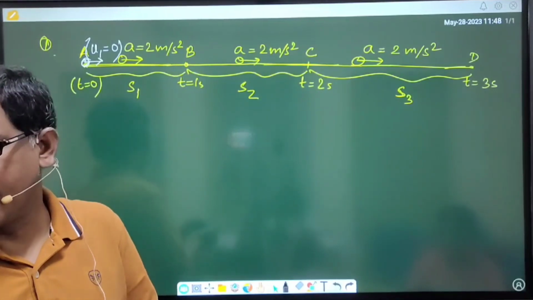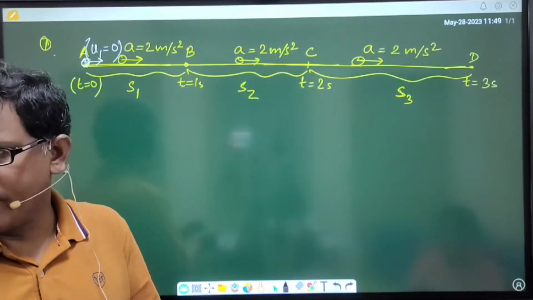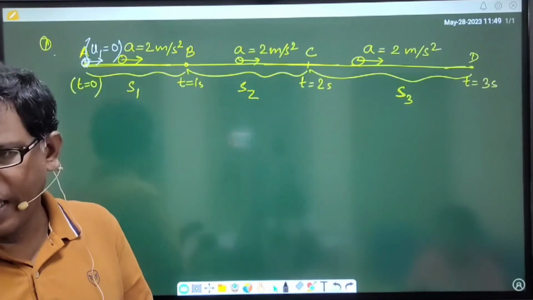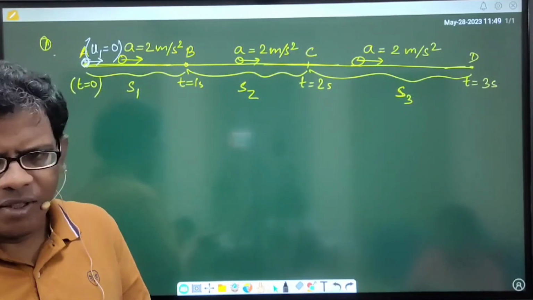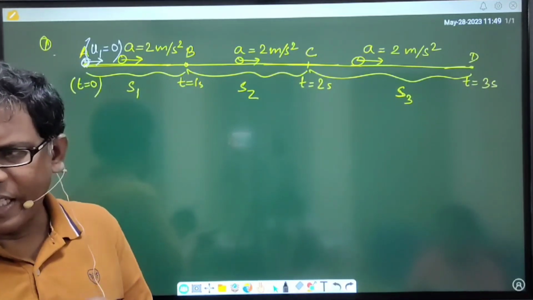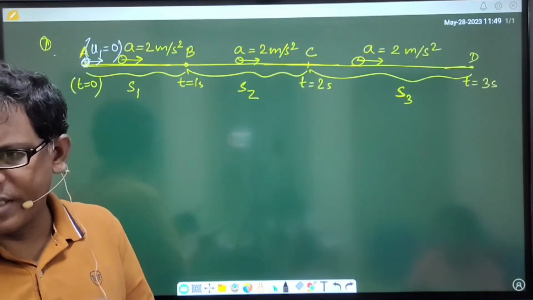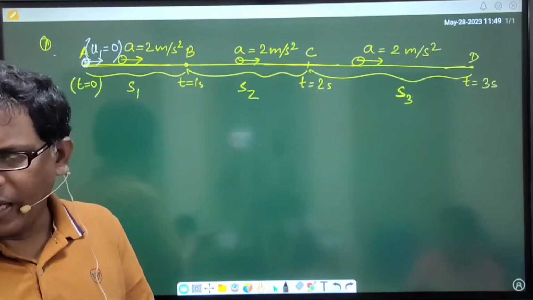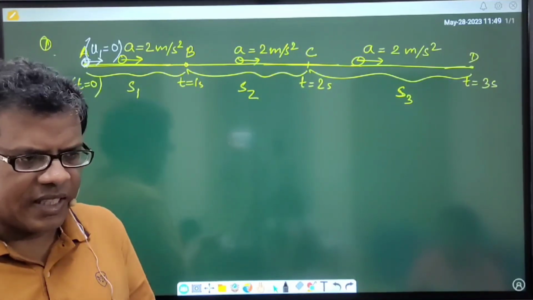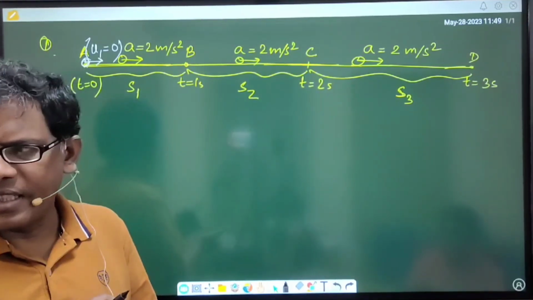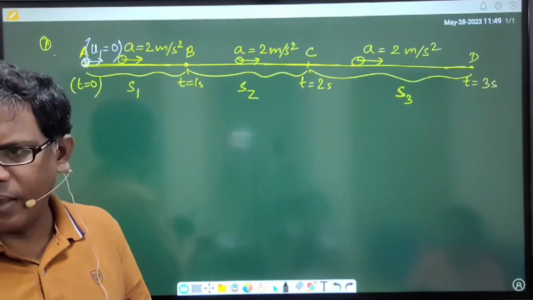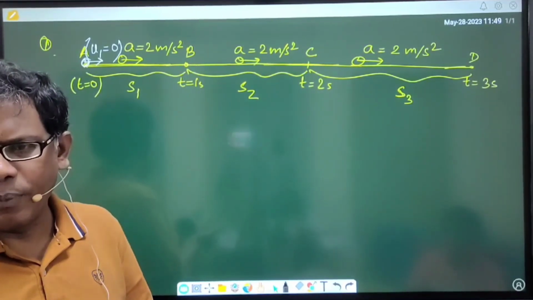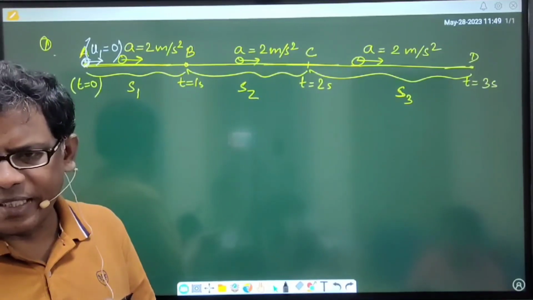No, you are making a big conceptual mistake. I have said always, acceleration is defined as the rate of change of velocity. When it is said a particle is moving with acceleration, you must keep in mind that the velocity of the particle is definitely changing.